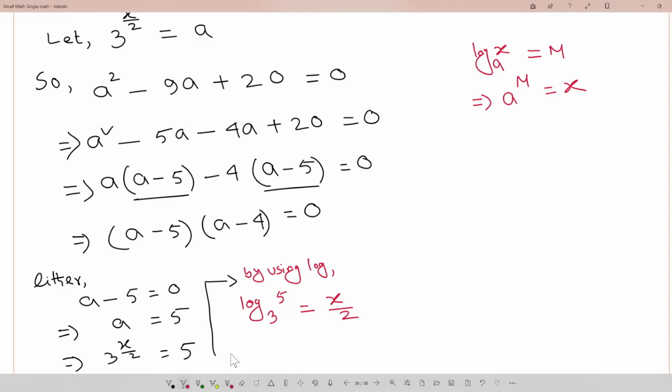After cross multiplication we can write x equals 2 log base 3 of 5.